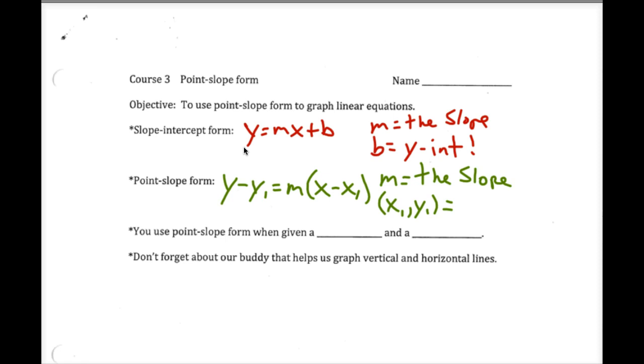A coordinate, there's a word in between those two words. About a given or known point. It's a given. So sometimes they give it to you, or you're able to figure it out. A given or known point.